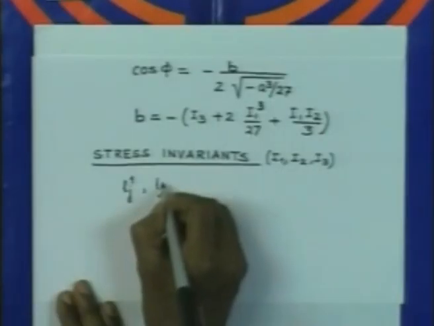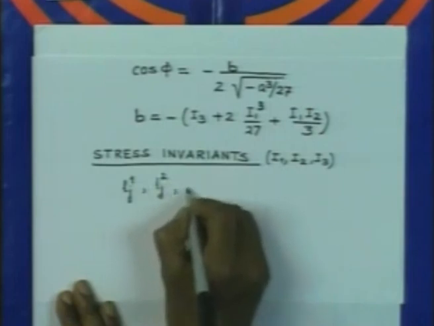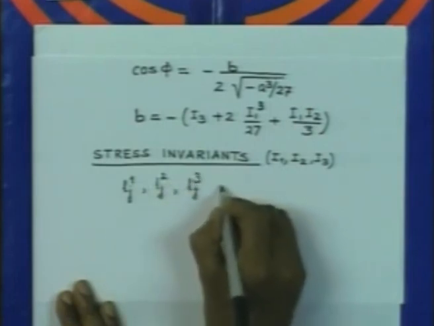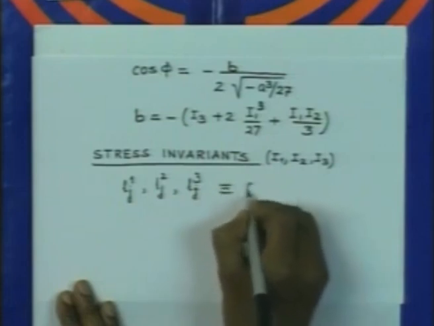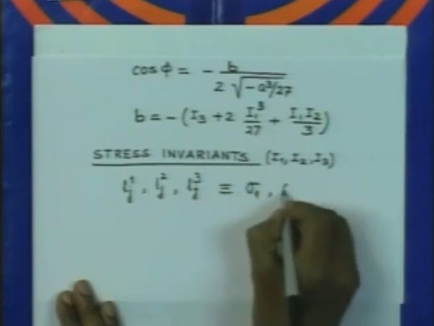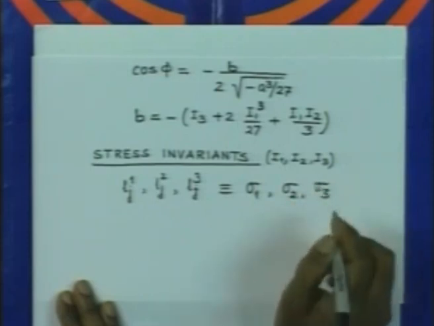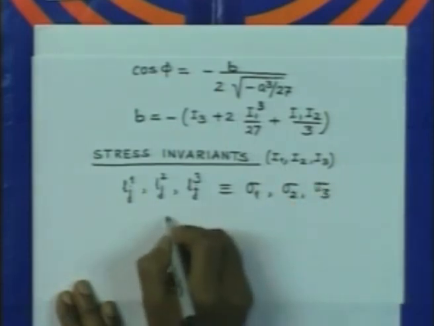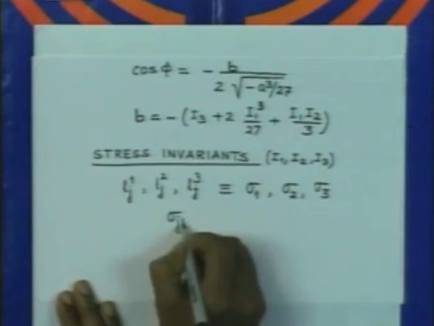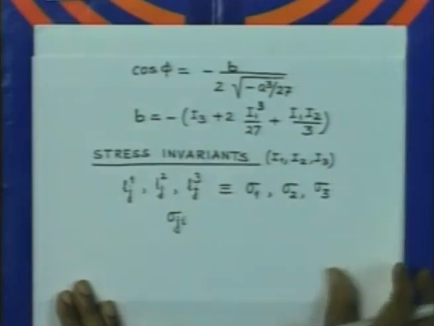That means the three directions Lj1, Lj2, Lj3, which correspond to stresses sigma 1, sigma 2 and sigma 3, are fixed, and they are dependent on the stress tensor at the point.